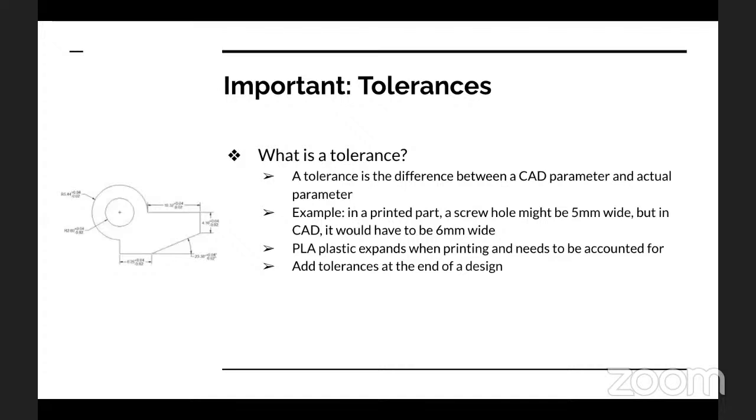And then also, going back to screw holes and other things too, you want to make sure that you have tolerances. When you print something, the plastic usually expands. So if you have a screw or something that needs to fit in a hole, you want to make sure that screw actually fits.